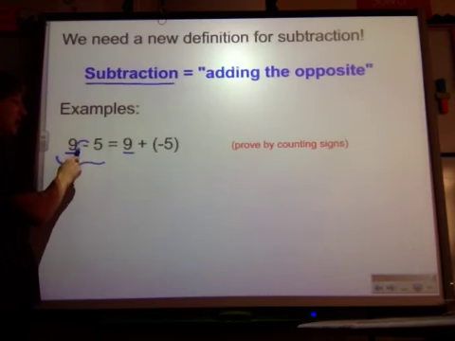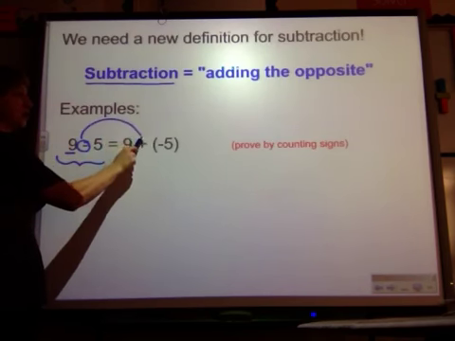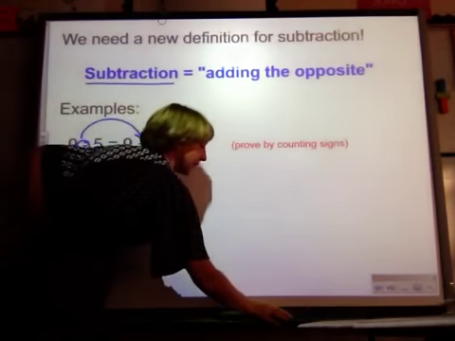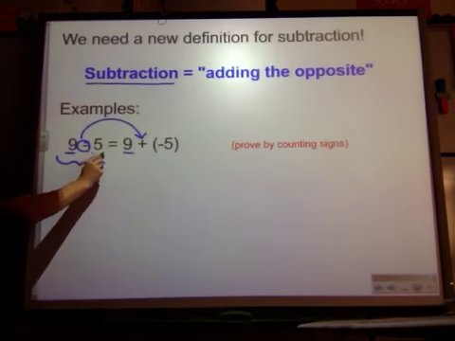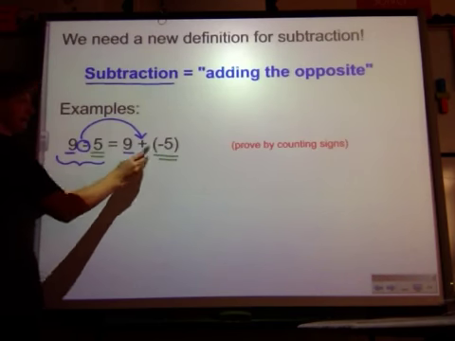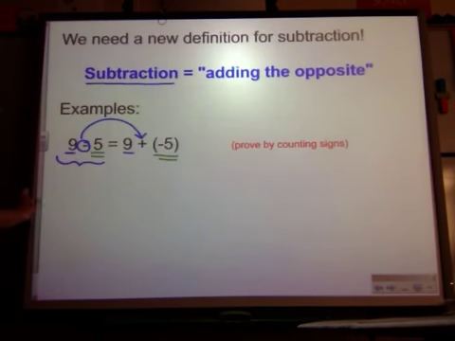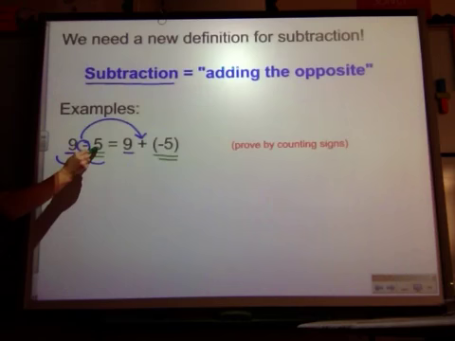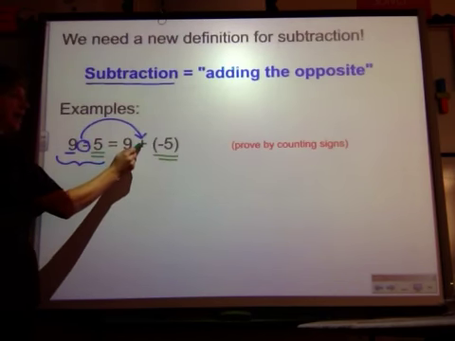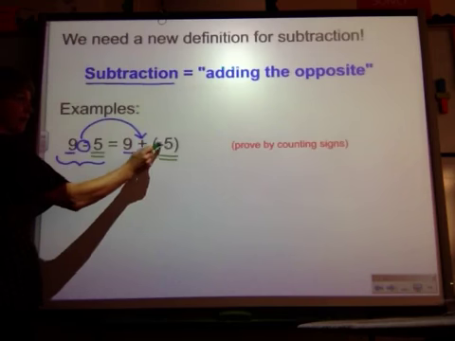We're going to change the subtraction to addition, and then we're going to take the opposite of that last number. Originally it was a 5. Now I'm going to make it a negative 5. That's the opposite of 5. So 9 minus 5 is the same thing as 9 adding the opposite of 5, negative 5.